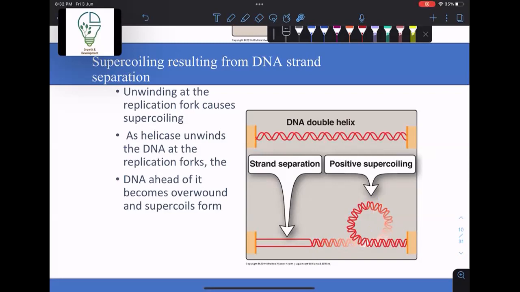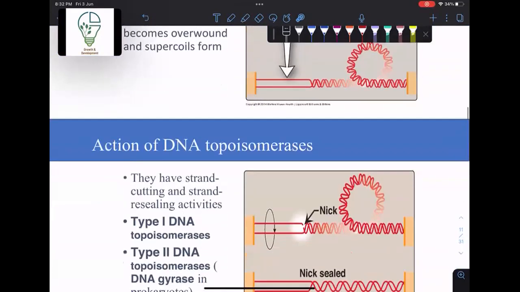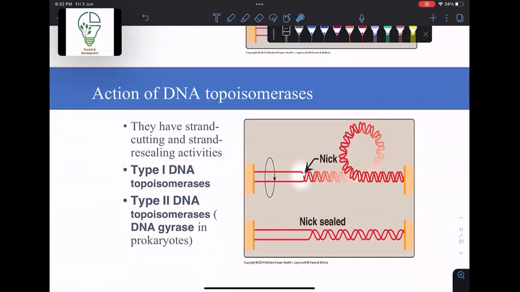This happens when the DNA helicase, that enzyme, is unwinding the DNA. Now, we need to uncoil it, because if this supercoil forms, then the DNA can be damaged, and the DNA helicase will not be able to do its function.